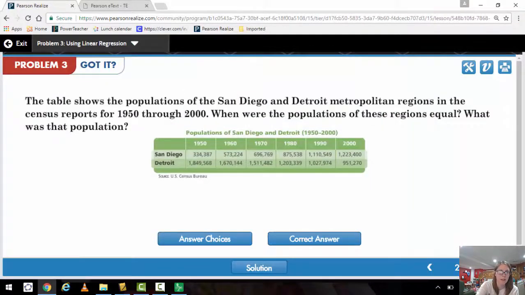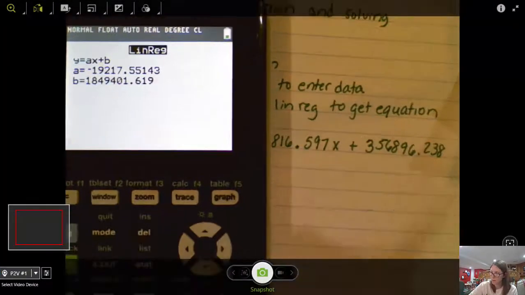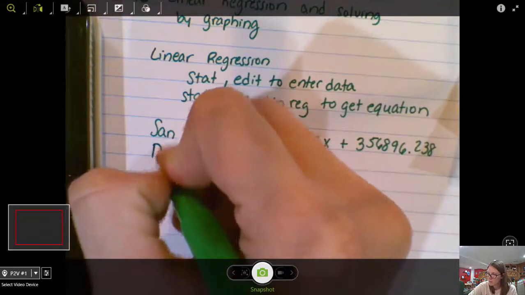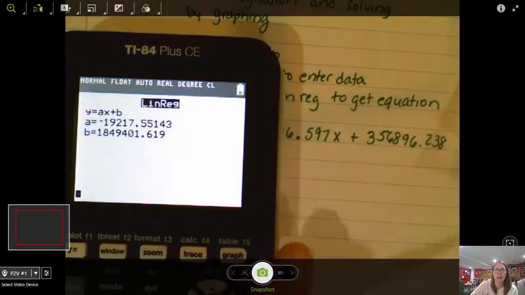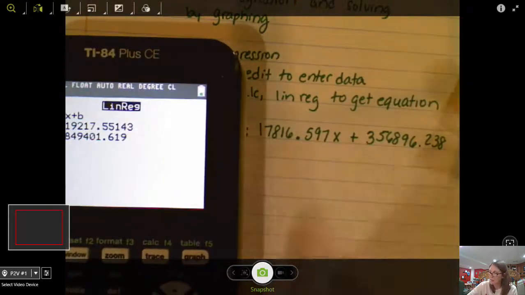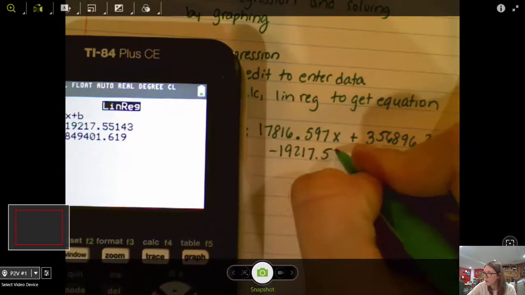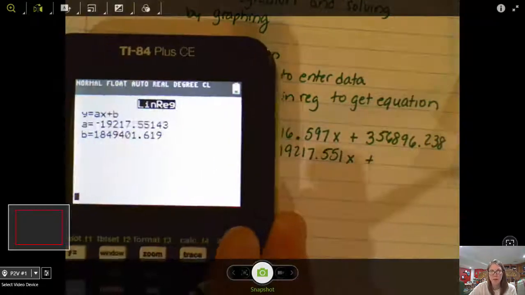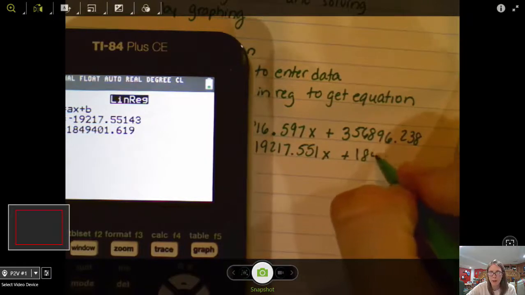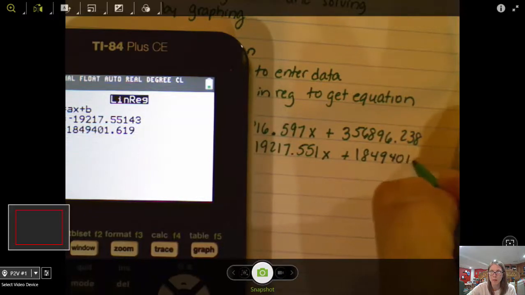Oh my goodness, Detroit. So Detroit's population is modeled by this equation here, negative 19,217.551x plus 1,849,401.619.